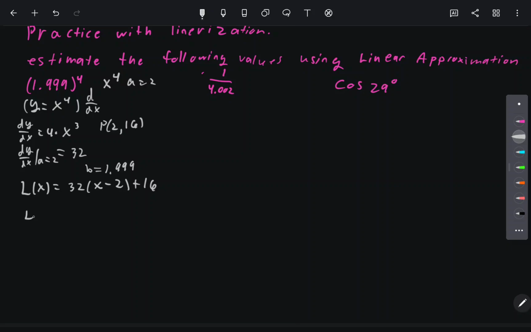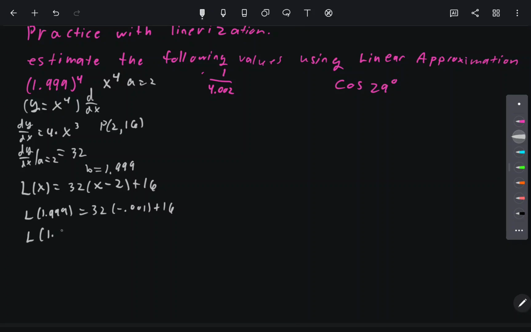So now we get the linearization of 1.9999 is equal to 32 times negative 0.001 plus 16.